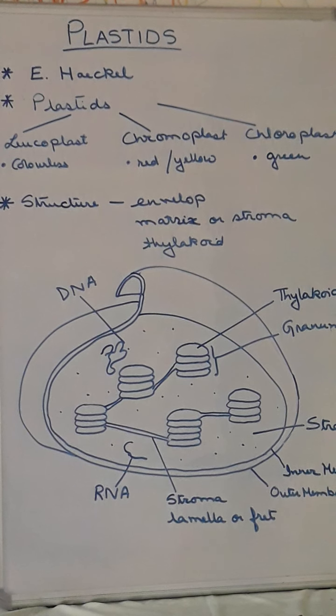Moreover, they trap solar energy and convert it to chemical energy. They pick up carbon dioxide and liberate oxygen during photosynthesis, which is a very important process, by which the balance of oxygen and carbon dioxide is maintained in the atmosphere. Then some of them store starch, and some store lipids and fatty acids also.